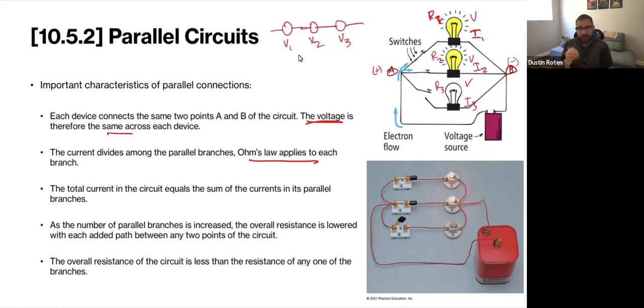Now the total current has to equal, when you add up the current through each parallel piece, the total current through the whole thing. So that means the total current equals the first current plus the second current plus the third current. Okay.